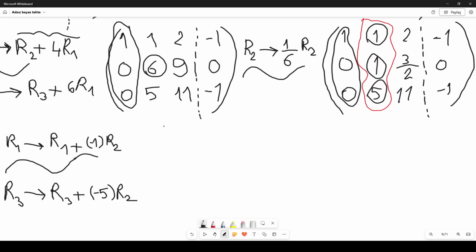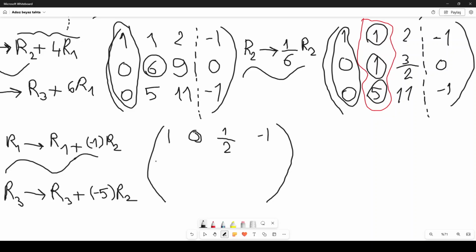So our new matrix becomes, let's see. Okay, let's write it again. Now the first row becomes 1, 0, 1, 0, 1/2, and -1.